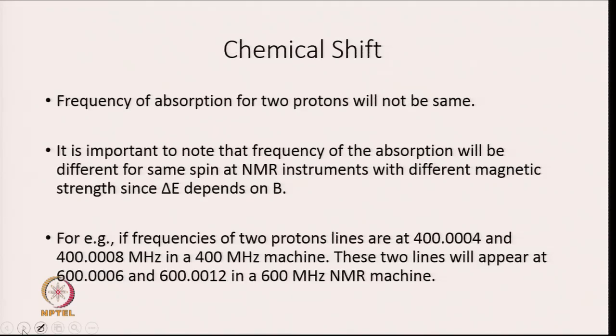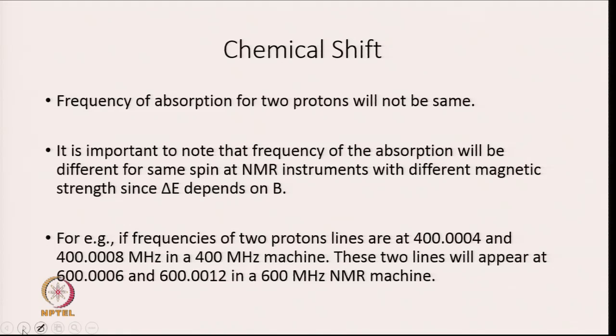So, chemical shift, what we come to know is that the frequency of absorption for 2 protons will not be the same. It is important to note that the frequency of absorption will be different for the same spin at NMR instruments with different magnetic strength, since delta E depends on B. Even if you are looking at one spin, the frequency of absorption will be different for that spin at NMR instruments with different magnetic fields.